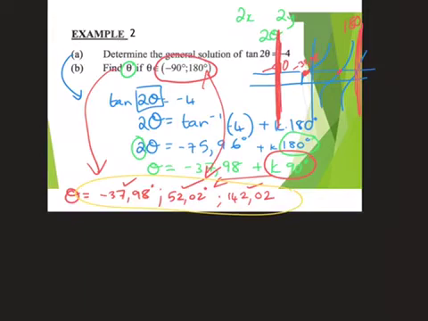Then it's going to cut again at 52,02. And then it's going to cut once more. If that's my limit of 180, it's going to cut once more at 142,02. The next time it will cut is obviously before the negative 90 and after the 180 again.